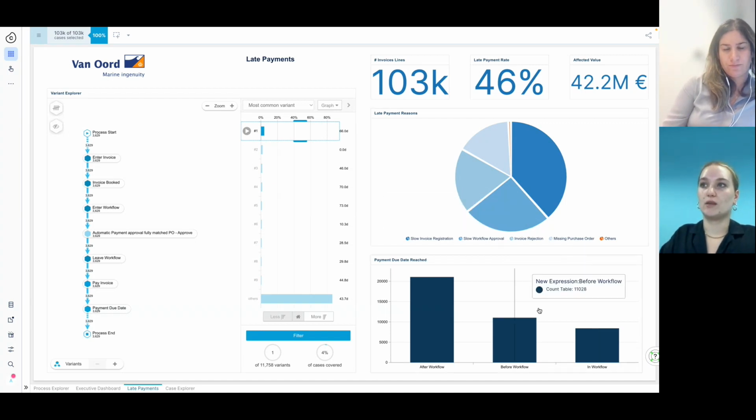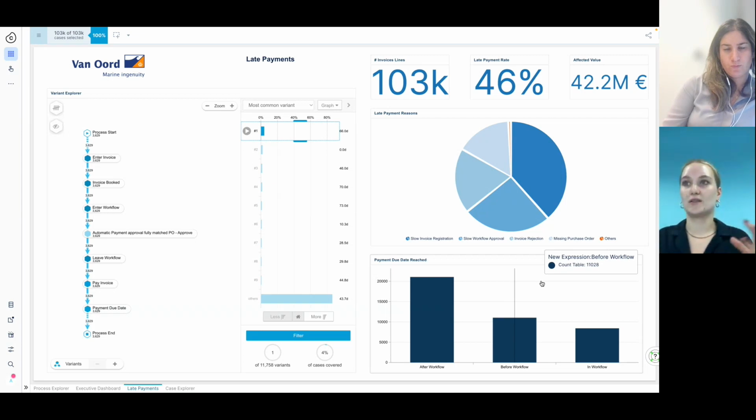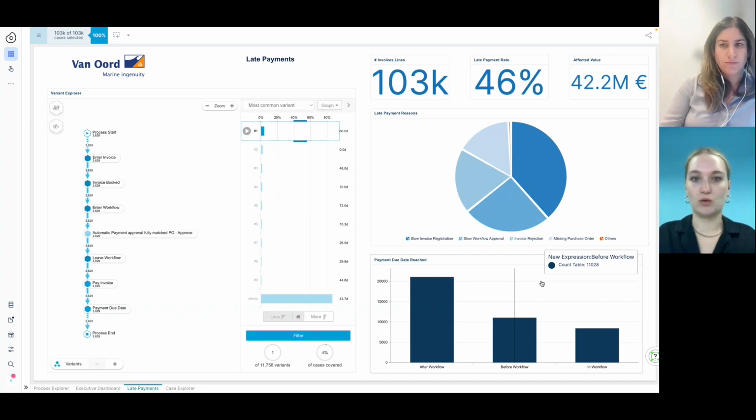So the way we thought we could act upon these insights, after our analysis, we brainstormed with Lotte how we could enable the AP team to process invoices faster and understand why they were paying invoices late.